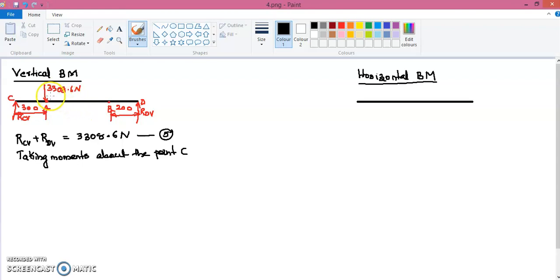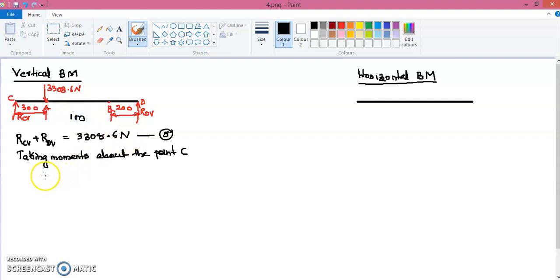The second one is a downward force 3308.6. So the moment produced by this vertical force is equal to RDV into the distance between this point and this point. We know the total distance between these 2 points is given as 1 meter.